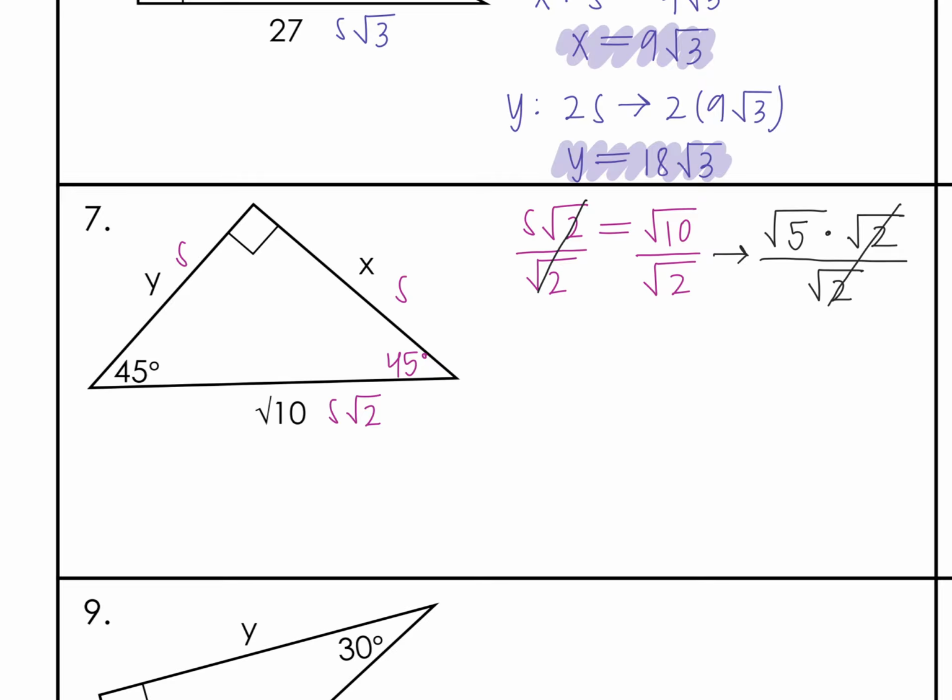I'll be left with s equal to the square root of 5. And since x and y are going to be my s, we know that x equals the square root of 5, and y is equal to the square root of 5.